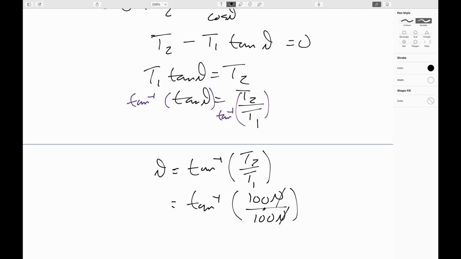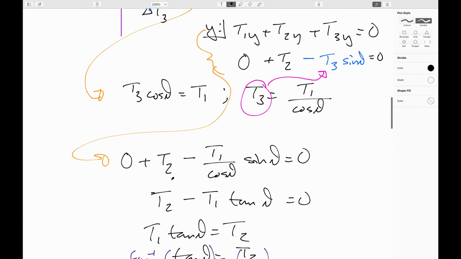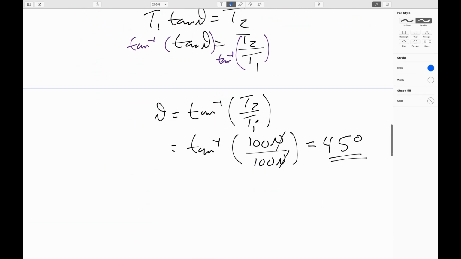So this will be the arctangent of 100 over 100, which is the arctangent of 1. Putting that in your calculator, you'll get that it's 45 degrees. Okay, so now that we got that, we can go back to what we found here. Let me just star that. And we can take this solution for T3. Now that we've got the angle, we know T1, we can find T3.